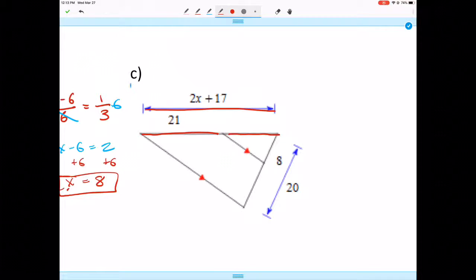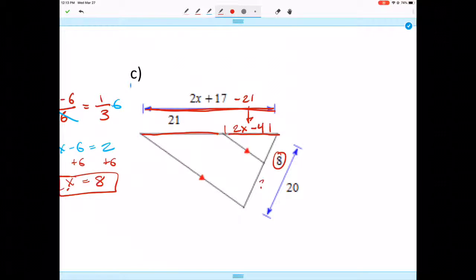It's the proportional side. Okay, well, you could say this whole thing is 2x plus 17. So if we wanted to find this part, we would need to subtract 21 to give us this. So this could end up giving us 2x, and 17 minus 21 would give us a negative 4. All right, and then here we know this is 8.